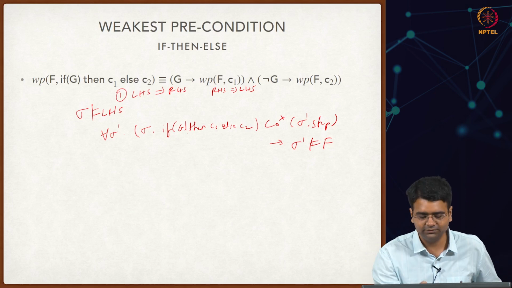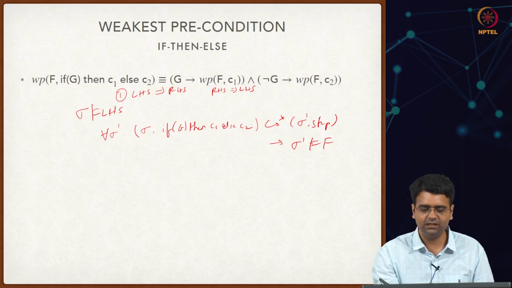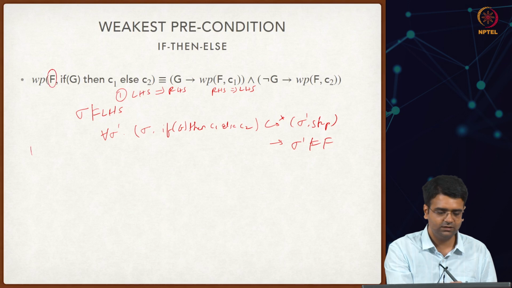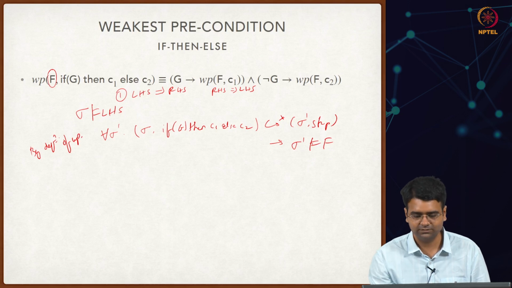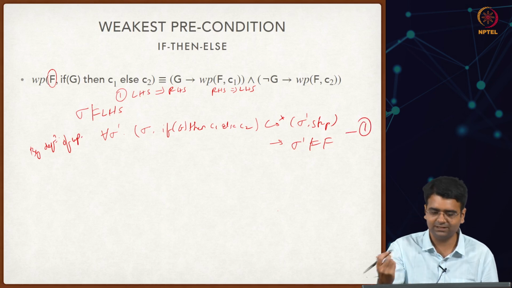Any execution of the if then else on the sigma, which is a model of the LHS, would lead you to a state sigma prime which should be a model of F, the target set of states. By the definition of weakest precondition, this is what we get. Let's call this equation number 1. We are going to use this later.